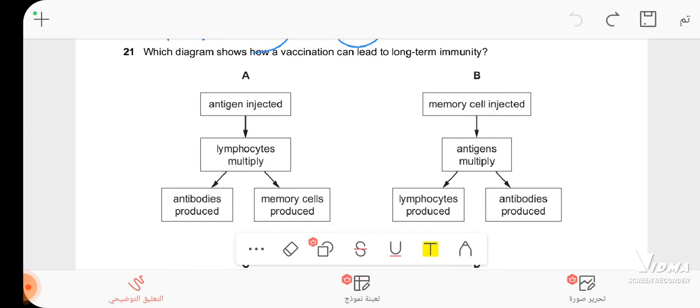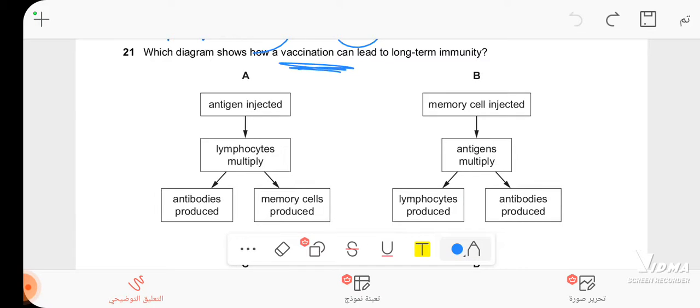Which diagram shows how a vaccination can lead to long-term immunity? As you know, vaccination is taking of antibodies or memory cell or antigen, a piece of antigen. Vaccination such as COVID-19 vaccination is a dead part of the antigen or virus. So antigen injection, not memory cell. Memory cell is a result of producing antibodies.